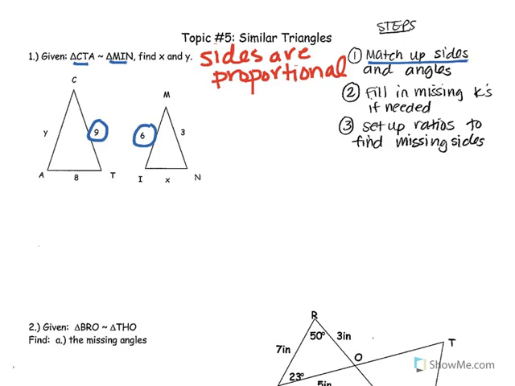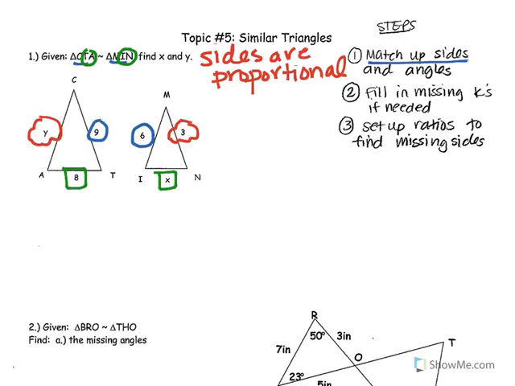A lot of people will assume that CT goes with MN based on what the triangles look like. However, you need to go by the similarity statement. So 9 is paired with 6, TA goes with IN, TA is 8, IN is x, those go together, and then my last sides will go together.